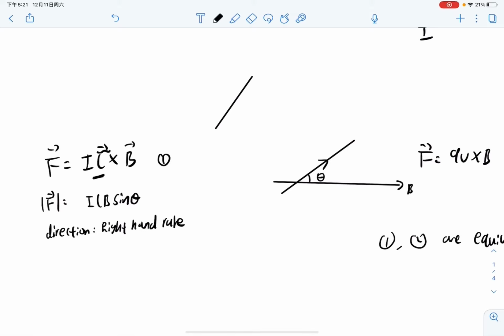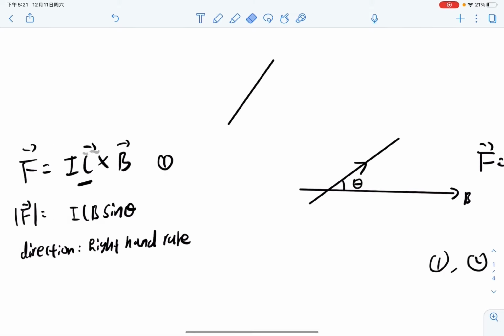But there's a direction for the length, which is in the direction of the current. For example, if you have a length here, and here is a current going this way.